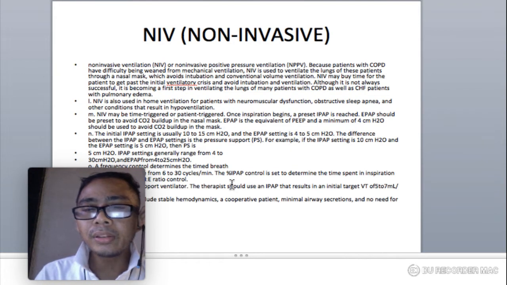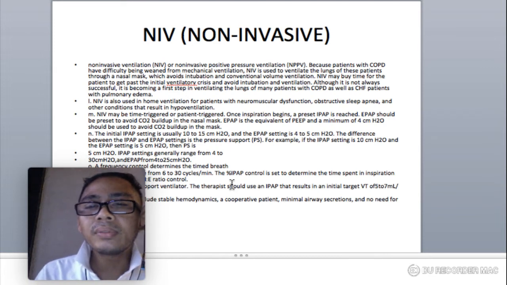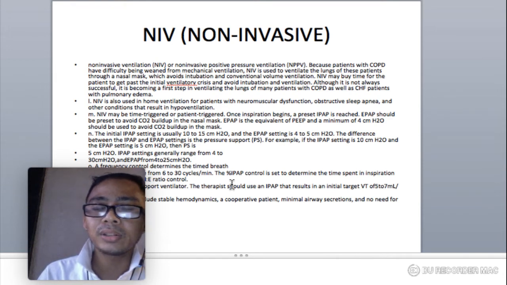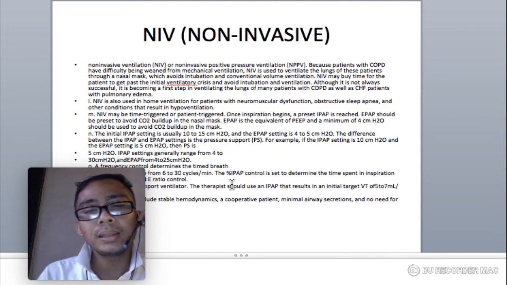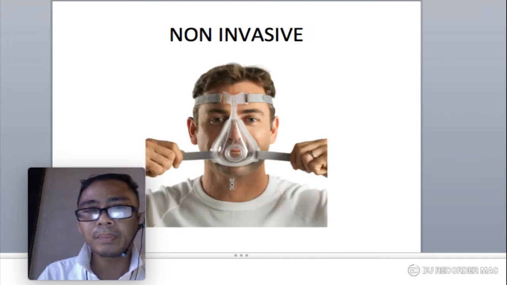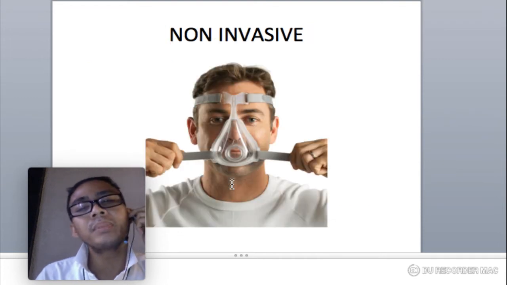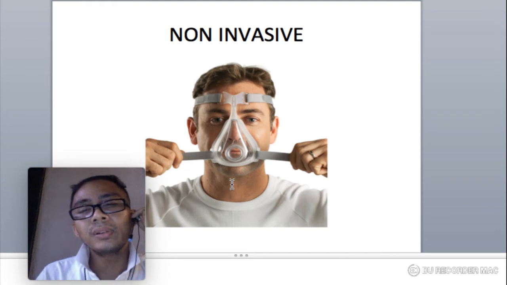Another form of ventilation is the non-invasive. In non-invasive ventilation mode, we are not using an artificial airway such as an endotracheal tube. This strategy usually uses the BiPAP mask or interface. This is an example of a non-invasive, more on pressure drive.